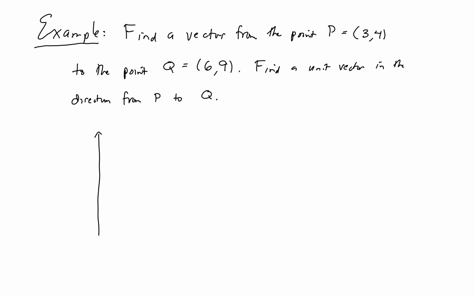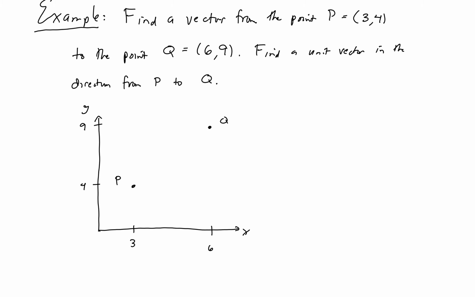So let's draw a picture of what we've got going on here. We're going to start with our point P here, at the point (3, 4). And then we're going to have Q over here somewhere, at the point (6, 9).